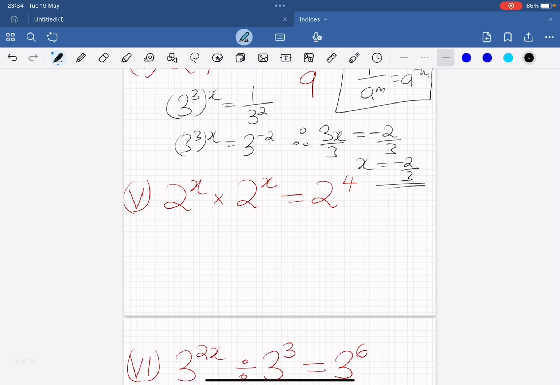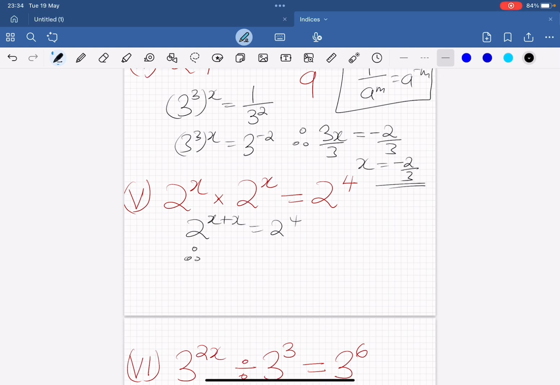Moving along, the question says 2 to the power x times 2 to the power x is equal to 2 to the power 4. Now, when it's like this, you have to remember that if the bases are the same, you can add the powers. Now, we basically have a scenario where you have a common base of 2.